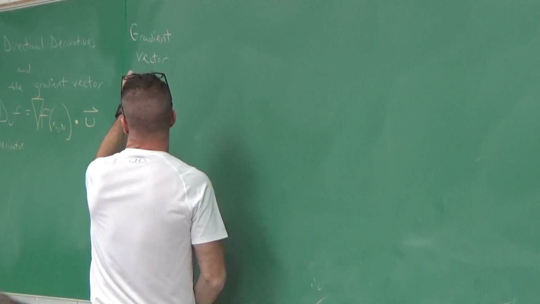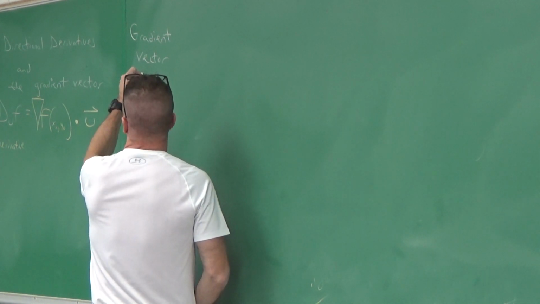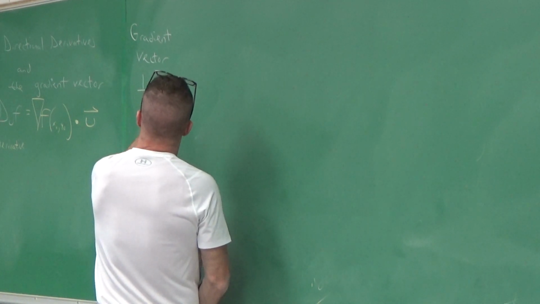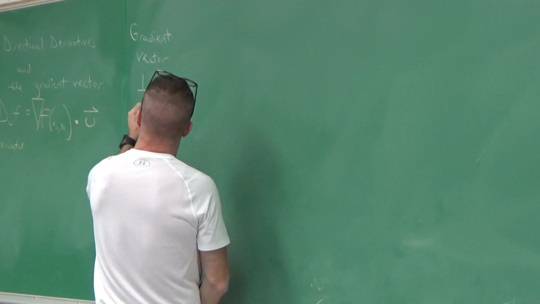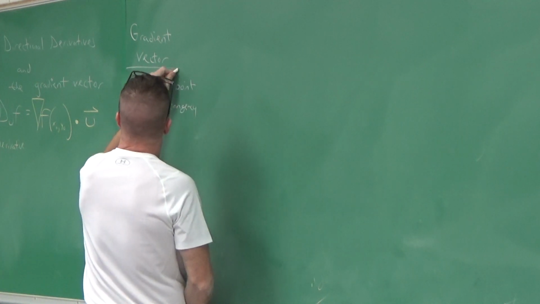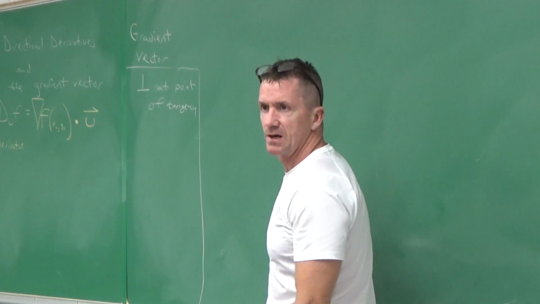All right. What do we know about the gradient vector? First of all, it's always perpendicular at the point of tangent. That's the first one I know about the gradient vector. The gradient vector will always be perpendicular at the point of tangent.